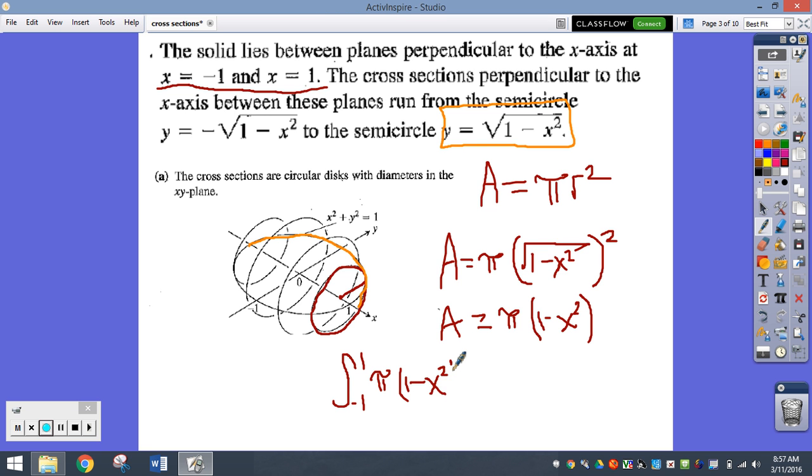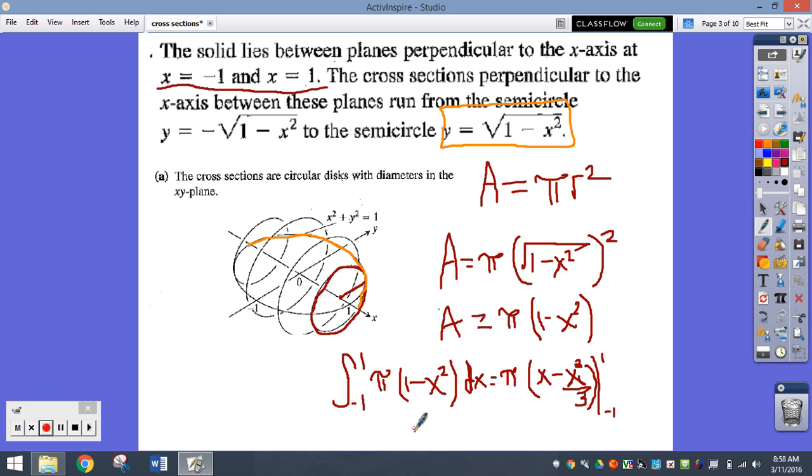And keep in mind that pi is just a constant. So when I integrate, I can just write it out front as a constant, just like we would any number. And then the integral of 1 is x, and the integral of x squared is x cubed over 3. Again, I'm sorry for this handwriting. It is bad. And then I would evaluate from -1 to 1.